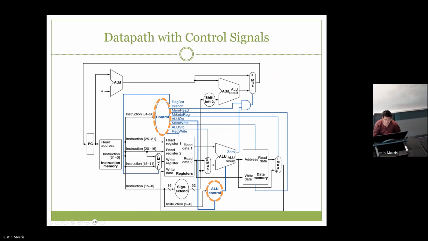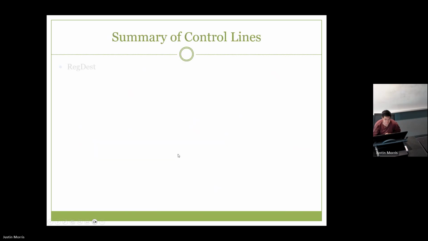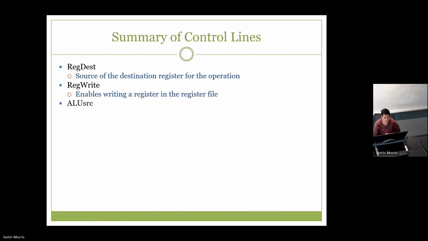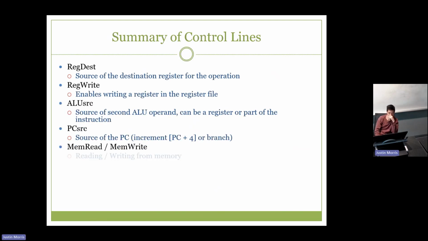MemRead is for memory. MemToReg is another mux. ALUOp we just talked about, simplified to 2 bits so that we can have simpler control down here. MemWrite is for memory. ALUSrc is a mux. RegWrite is for enabling writing registers. So these are all of our control lines.